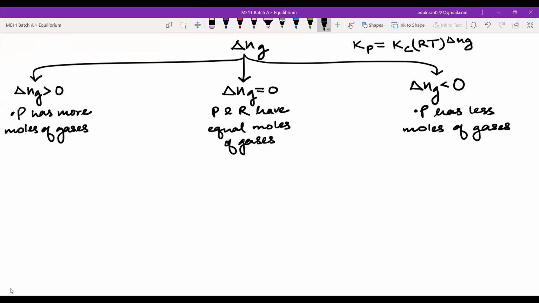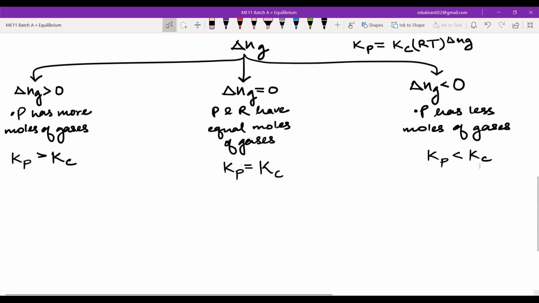Hence in this case, Kp is greater than Kc. If delta ng is equal to 0, RT to the power 0 will be equal to 1, and hence Kp and Kc will be equal. And in this case, Kp is going to be less than Kc.